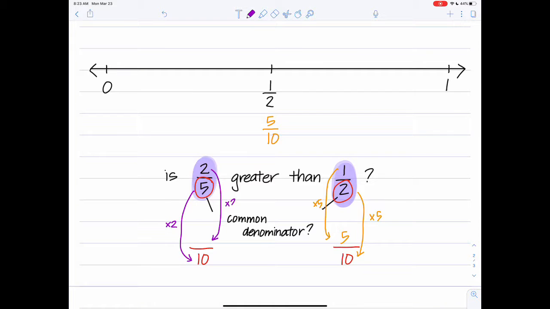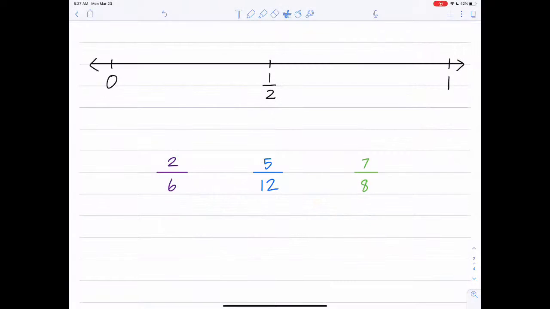And 2 times 2 gives me 4. So by looking at the two equivalent fractions I just made, I know that 4/10, or 2/5, is going to be less than 5/10, or 1/2. So 2/5 is less than 1/2.